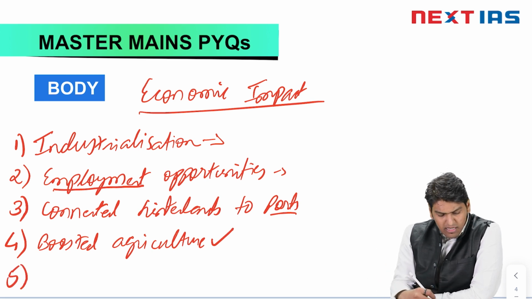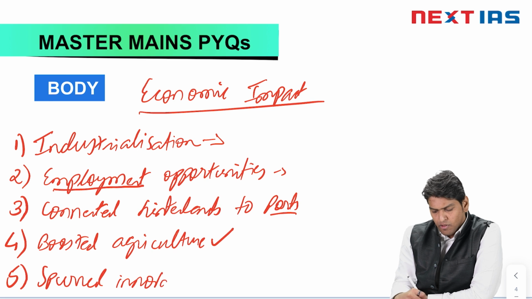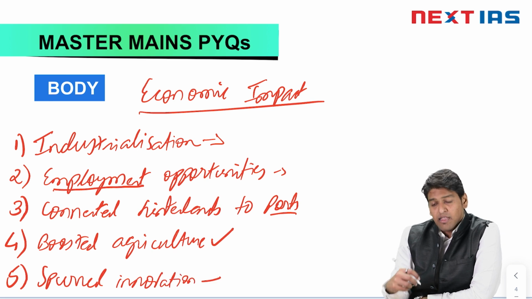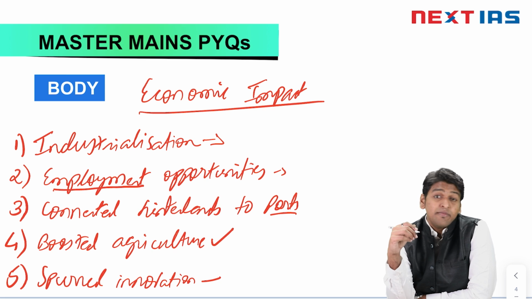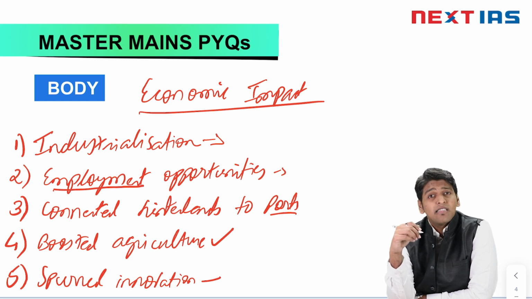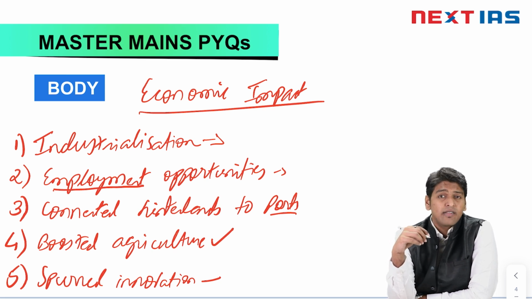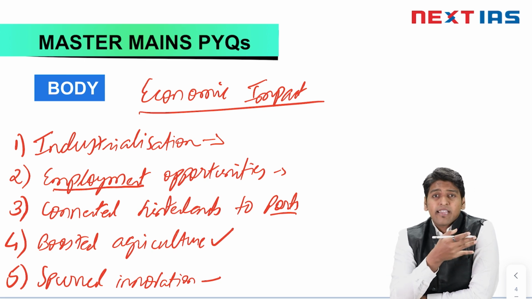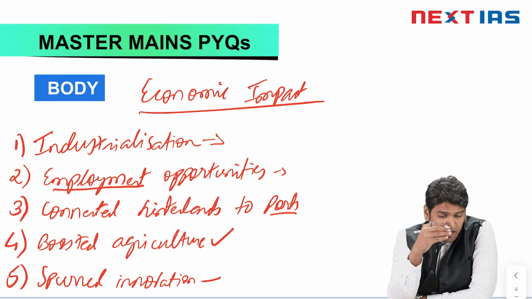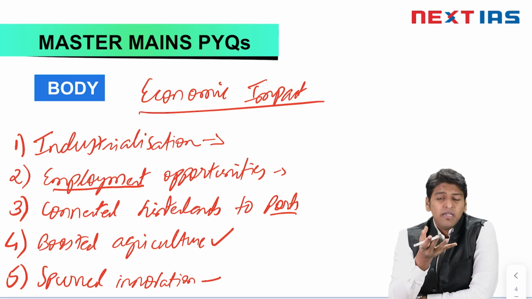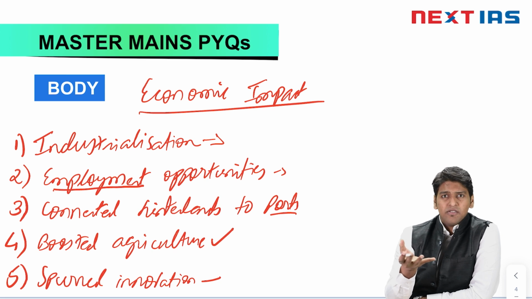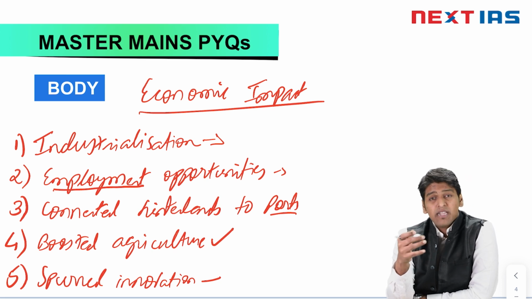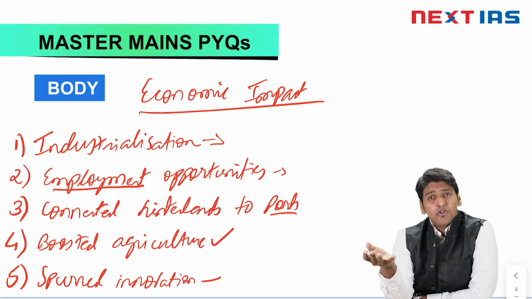Next, we see it spurred innovation. Like the railway started as steam engine, and now the fastest railway is maglev and bullet trains. Okay, so it shows how the technological development has taken place because of railways. And when you start with one basic technology, its subsidiary effects have a number of effects on the secondary producers as well.